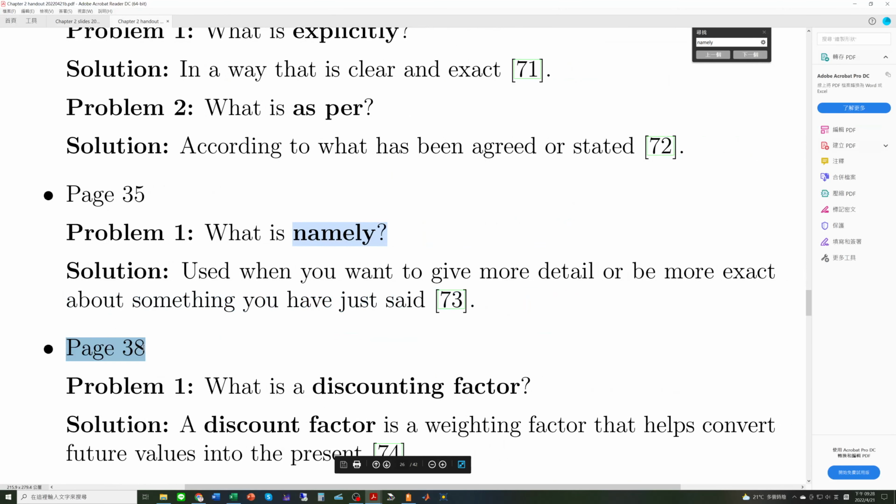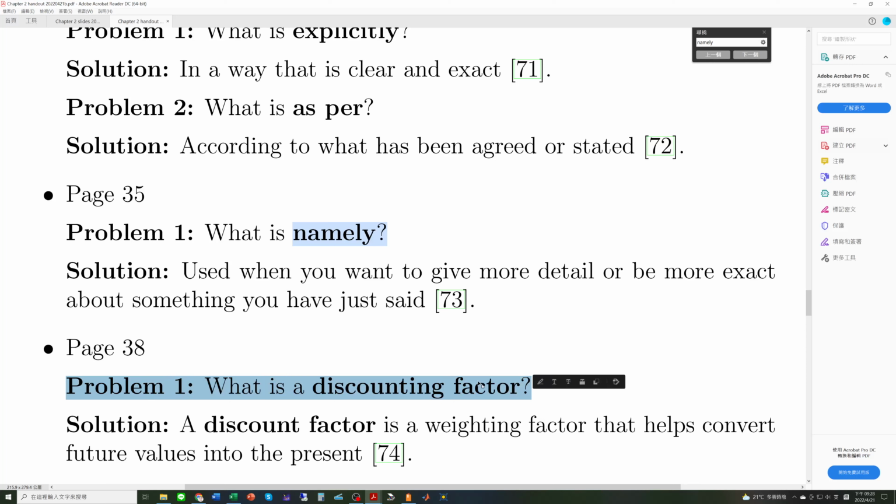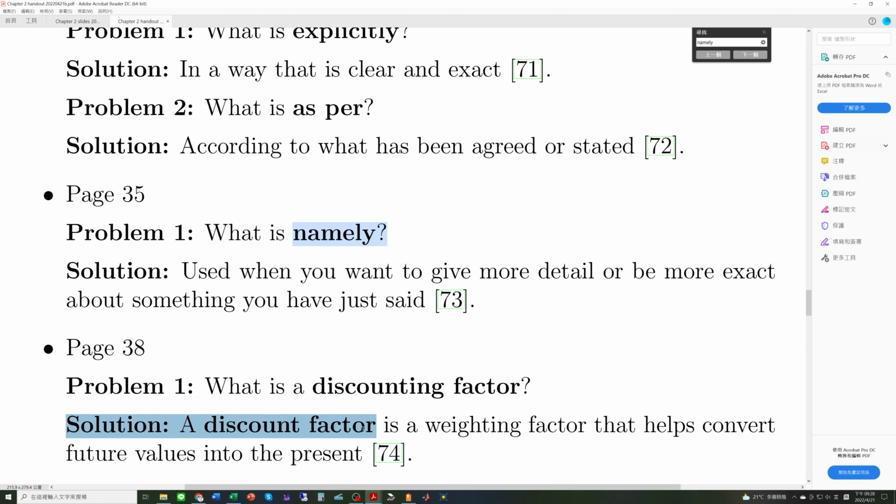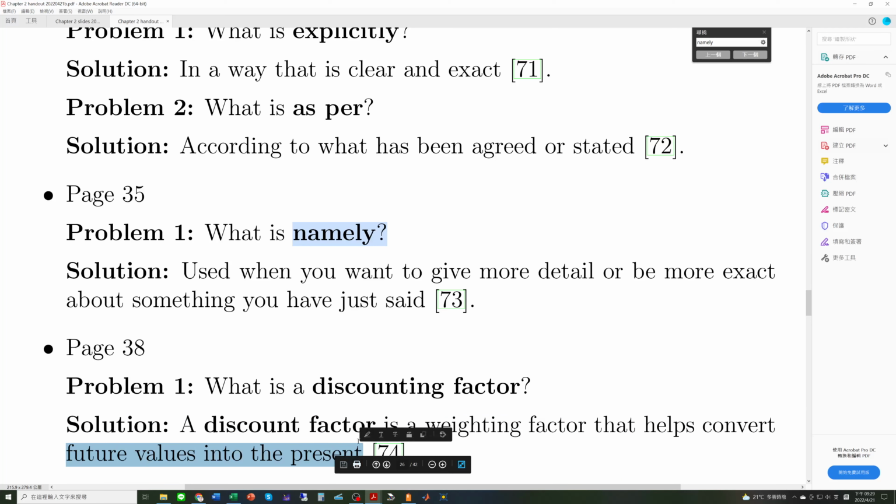Okay, page 38. Problem 1. What is a discounting factor? Solution. A discount factor is a weighting factor that helps convert future values into the present. Okay, let us go back to the slides.